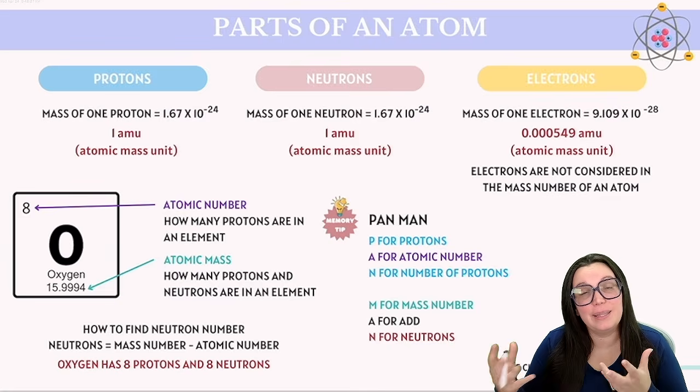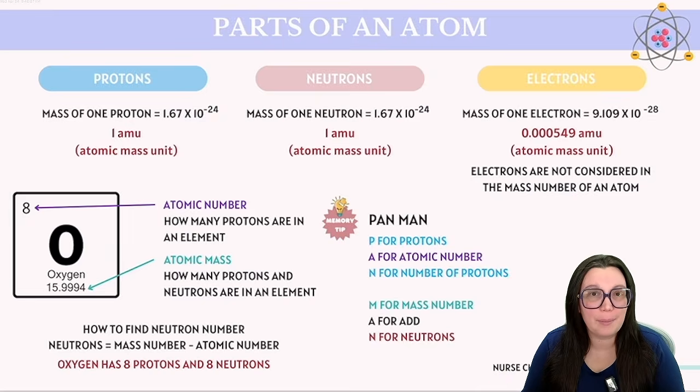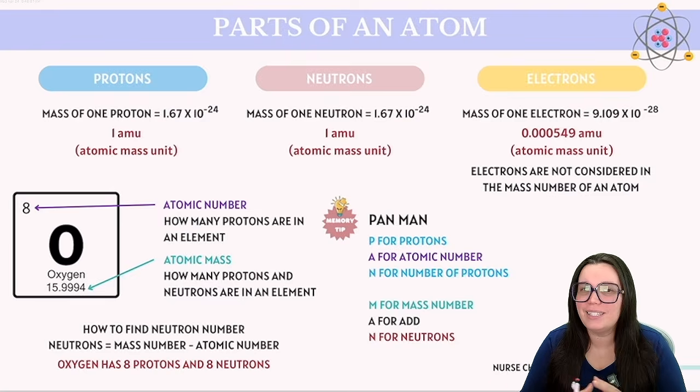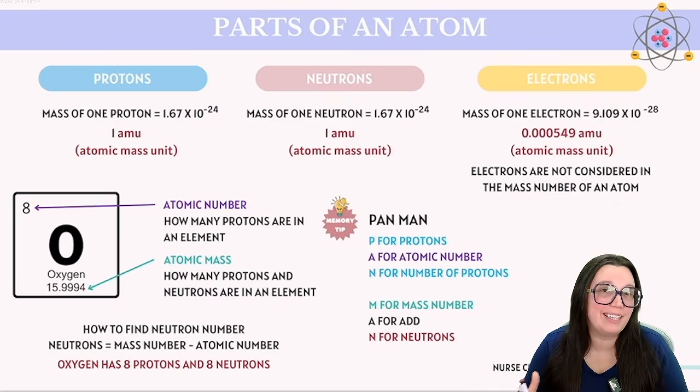When we're discussing the mass of an atom, we're generally summing up the atomic mass units of our protons and neutrons, as they substantially contribute to the atom's total mass. Electrons, due to their weight, are typically disregarded in mass calculations of atoms, similar to how you wouldn't account for the weight of a ring or a necklace when you're weighing yourself. Both of these items are too light to impact the overall measurement significantly.